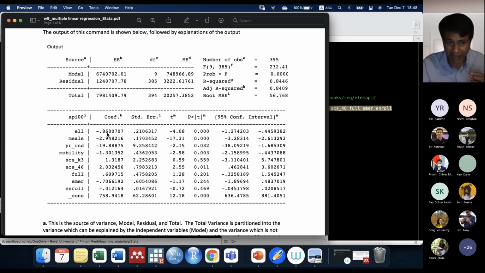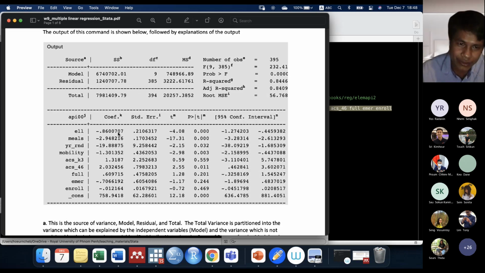I interpret the coefficient like this. We check that we have a p-value less than 10%. Following me? The coefficient is negative.